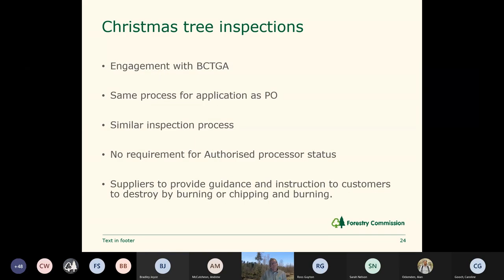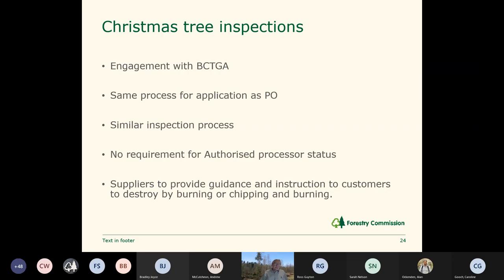Christmas trees, as I mentioned, are also subject to our inspections and our movement controls. We've had engagement with the British Christmas Tree Growers Association. In effect, there's a similar process for Christmas tree growers wishing to move Christmas trees either within the demarcated area or outside of it from within the demarcated area.